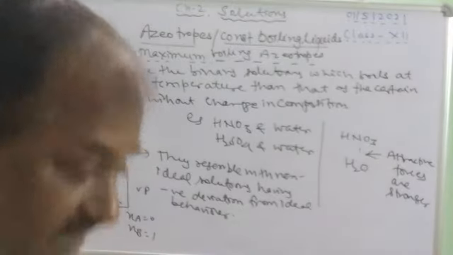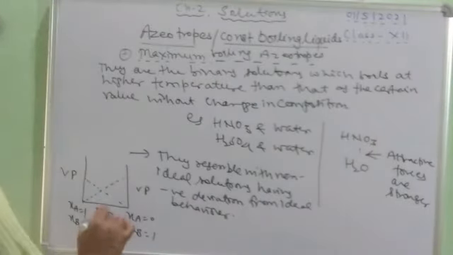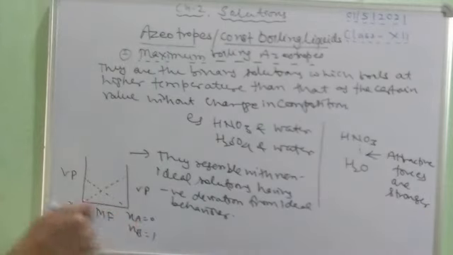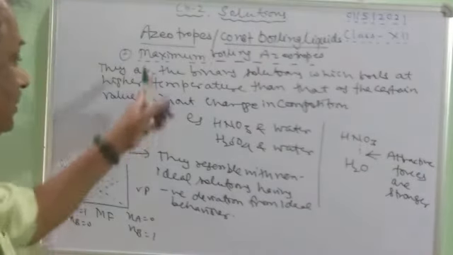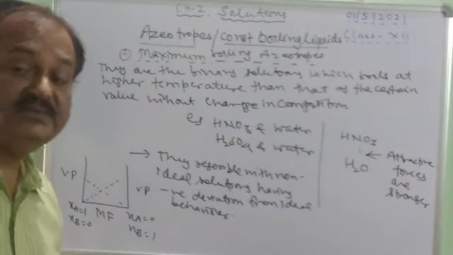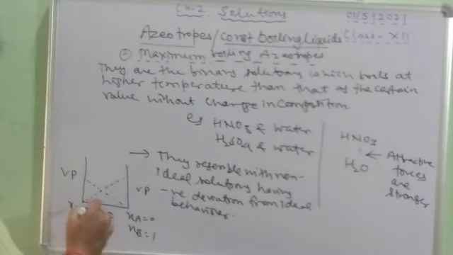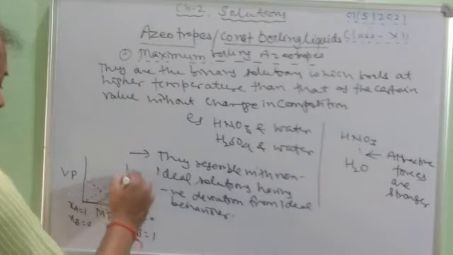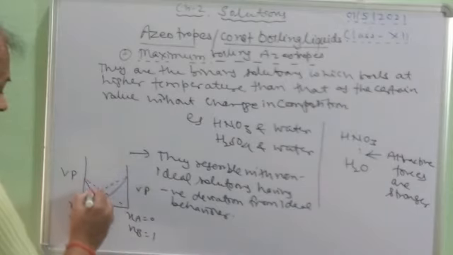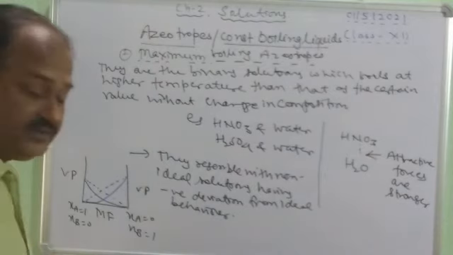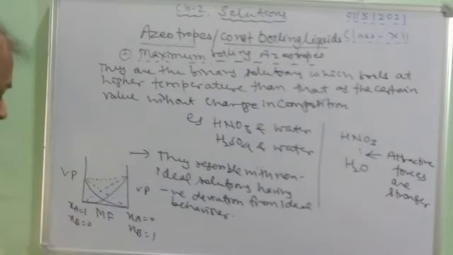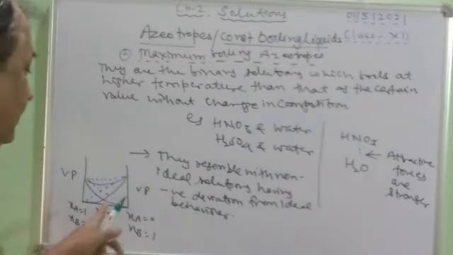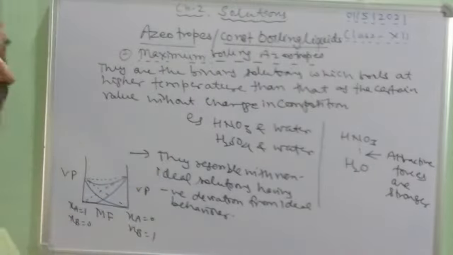There is the elevation, or there will be the depression, a lowering. As it is maximum boiling, it means more temperature, so the vapor pressure formed here, children, see here, will be lower. They experience the lowering in the vapor pressure, and these are the two cases. So this is the graphical representation for the maximum boiling azeotropes.